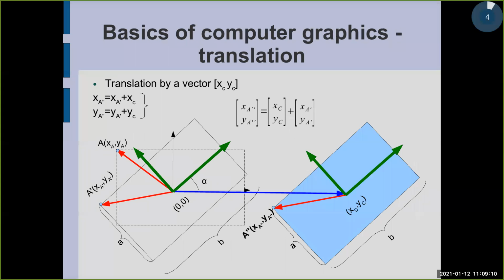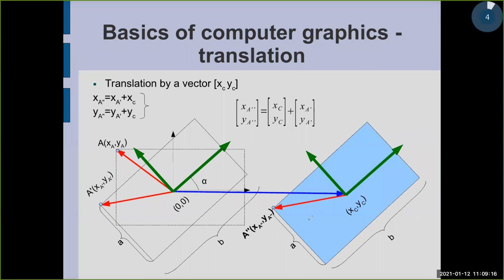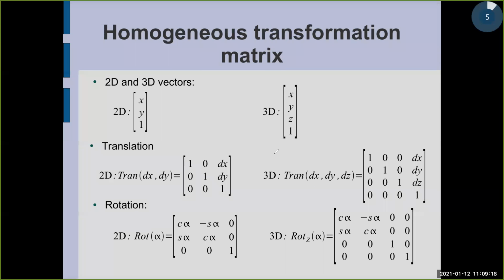So look here, to translate, we have to add 2 elements. To rotate, we have to multiply. And when we are talking about homogeneous transformation, we want to represent translation and rotation using the same formula.